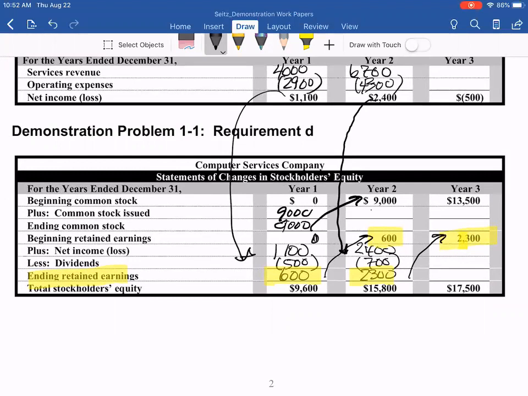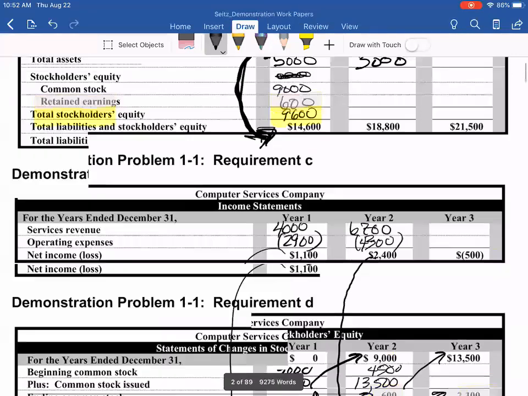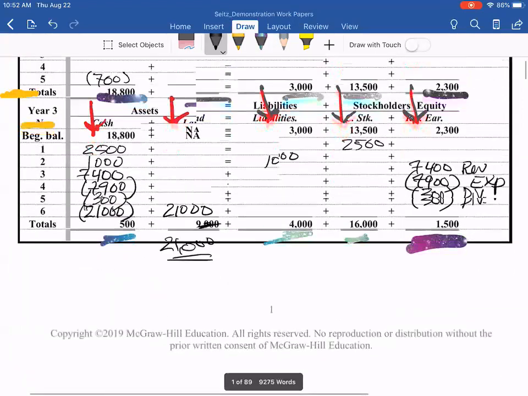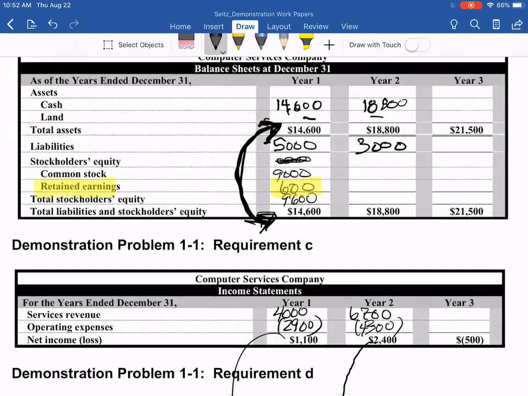I issued $4,500 more in year 2. So my total common stock balance at the end of year 2 was 13,500, which is the beginning balance of year 3. So my common stock balance was calculated down there. So common stock for the end of year 2 is 13,500.